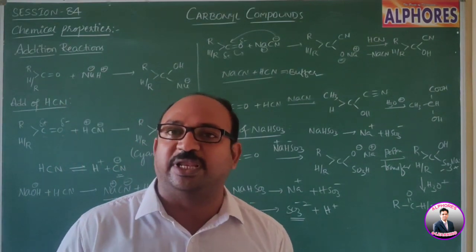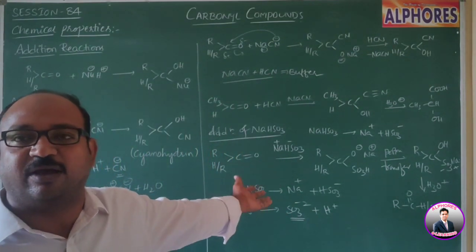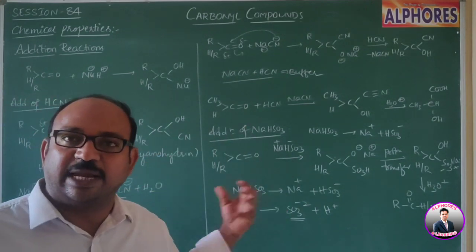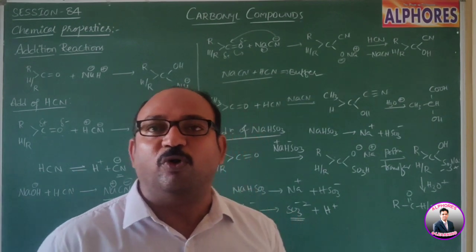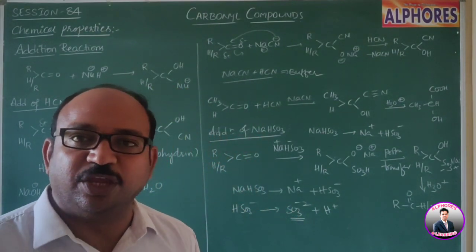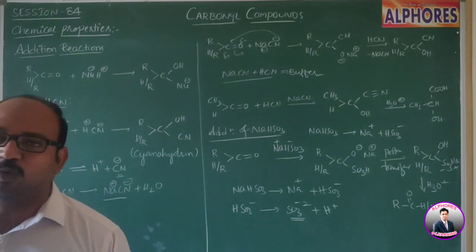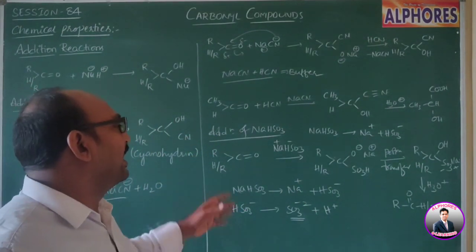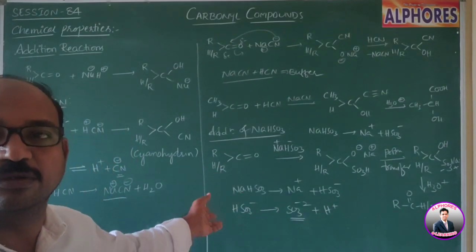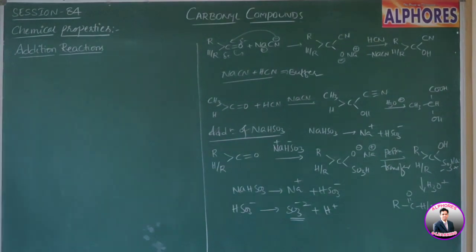Because of this, the SO3 2- bisulfite ion cannot attack easily. That's why ketones with more carbon atoms in the alkyl group cannot give this reaction successfully compared to aldehydes.